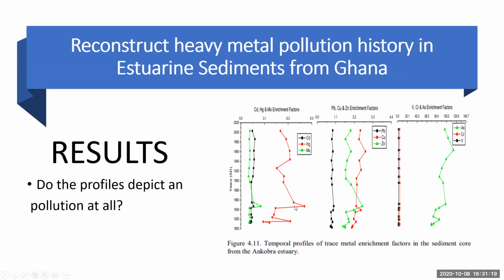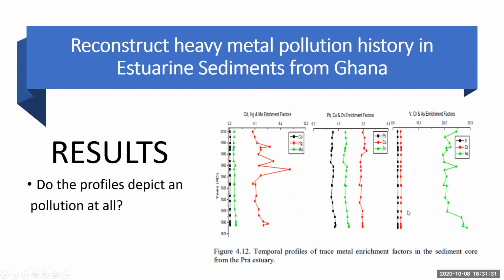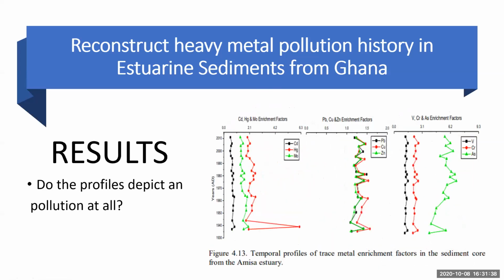And of course, this is expected because, as I already said, there's a lot of mining activities going on there with the metal mercury. And then arsenic, of course, was also highly enriched. And then when you come to Pra, you find the same problem, enrichment of mercury and arsenic.